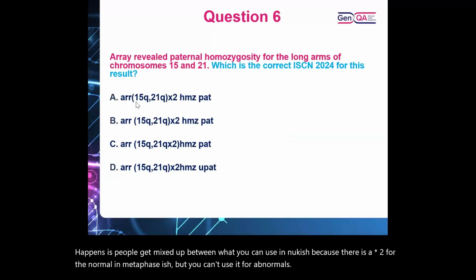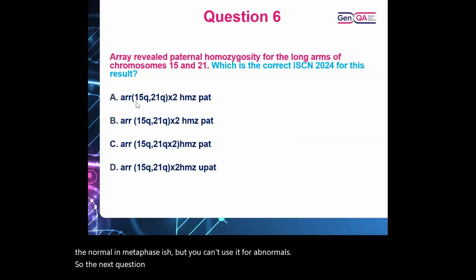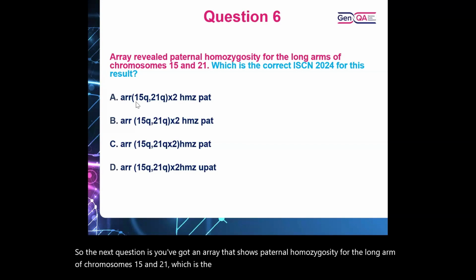So the next question is, you've got an array that shows paternal homozygosity for the long arm of chromosomes 15 and 21, which is the correct ISCN 2024 for this result.